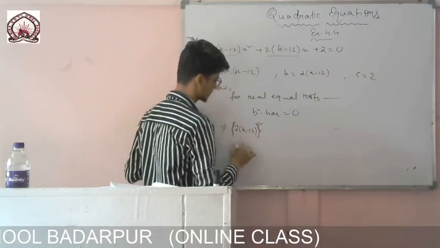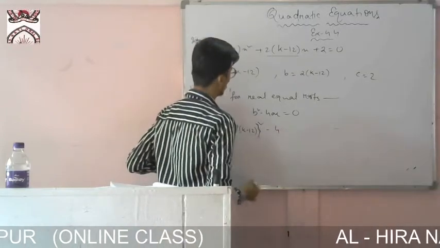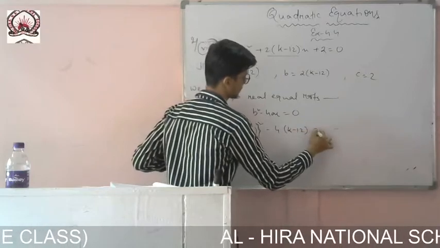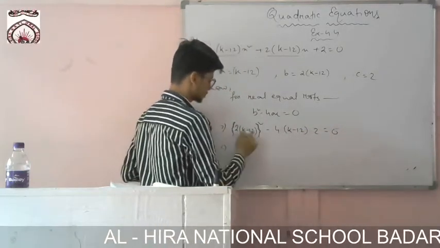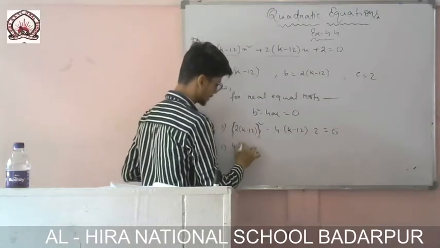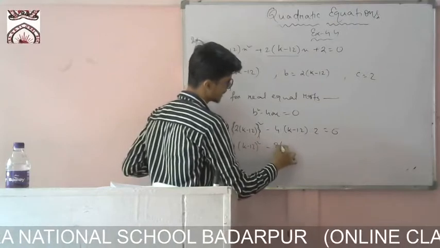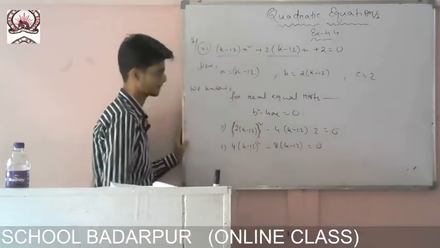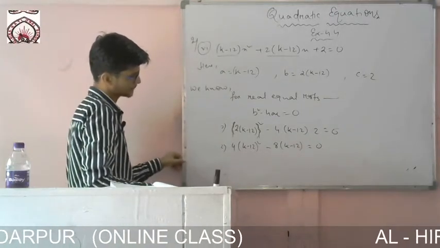You can give second bracket here. So it will be whole thing square minus 4ac. So now we'll go on solving. So 2 square means 4 and (k minus 12) whole thing square minus 4 2s are 8, (k minus 12) equals to 0.